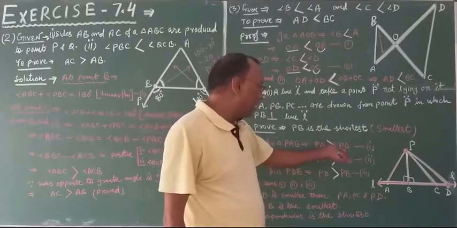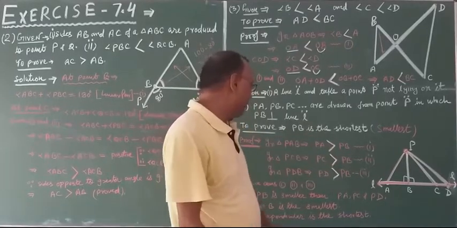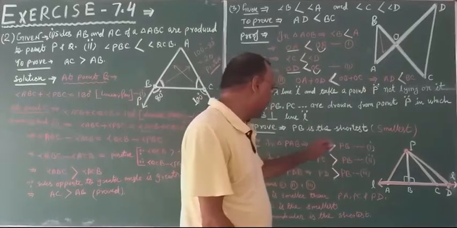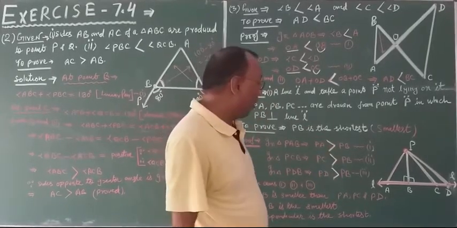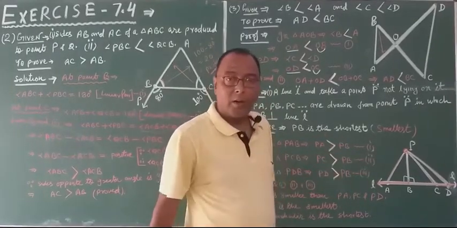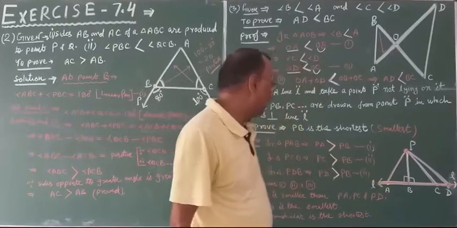What are we observing here? That PA is greater than PB, PC is greater than PB, PD is greater than PB. All these are the hypotenuse, and these hypotenuses are always greater than this one, PB.